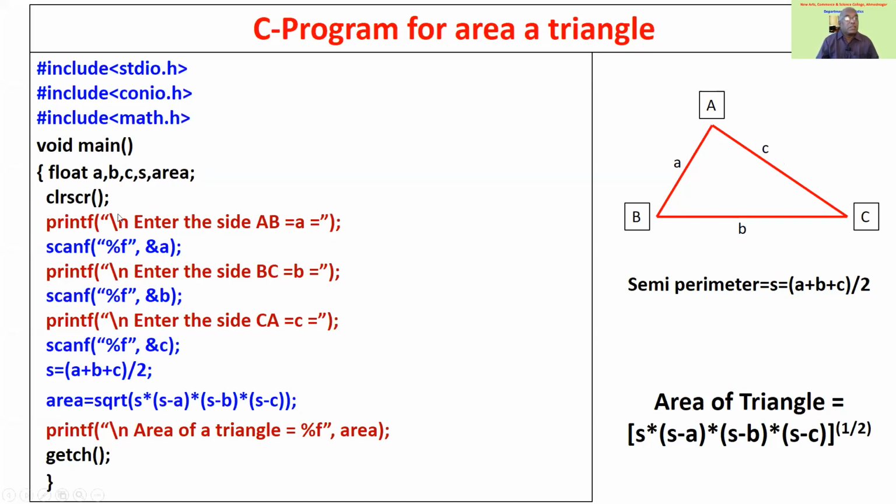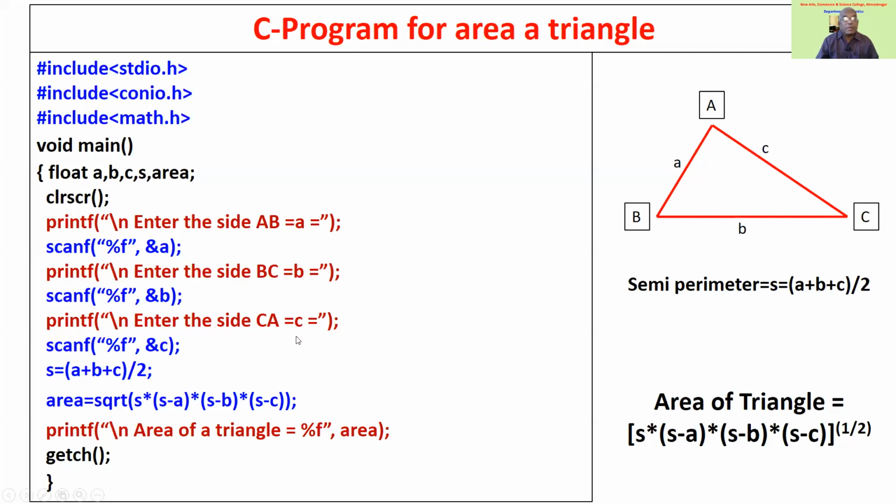Now clrscr, clear the screen. Message printf on new line, enter the side AB, which is A. You are entering it through the keyboard as a floating point number because it is defined as float. So this is the entry of A. Second message, enter the side BC, which is B. Again you enter a floating point number through the keyboard.